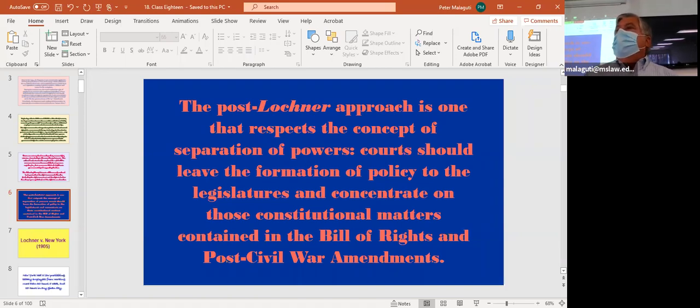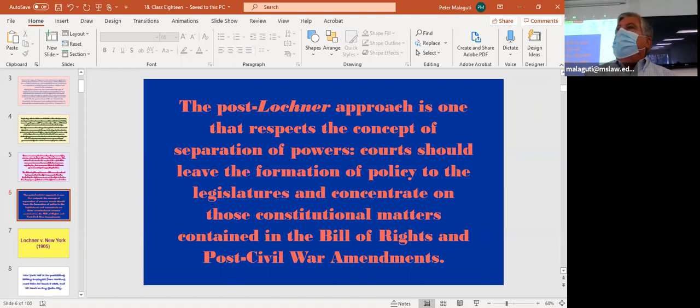On the other hand, if it's an important constitutional matter, like equal protection or like real fundamental rights that are called for in the Constitution, then at that point, it's law that the court is dealing with. And the court should be dealing with those things and not giving a lot of deference to the legislature.